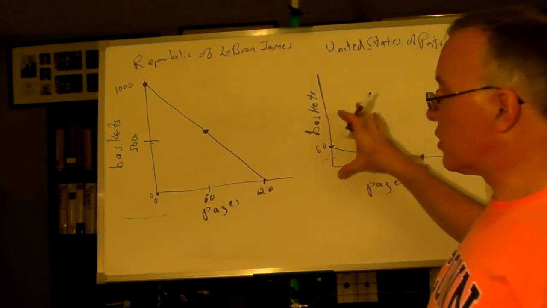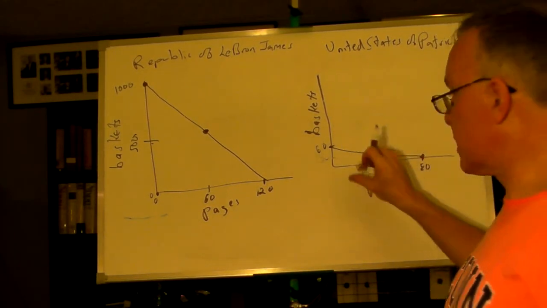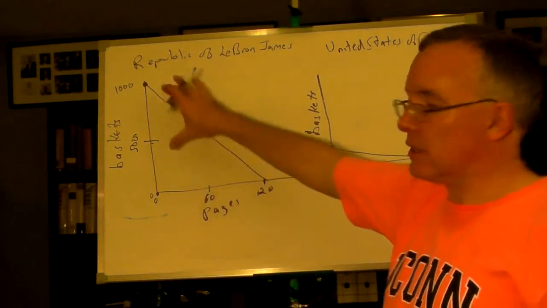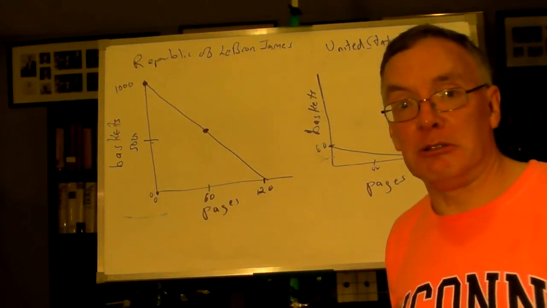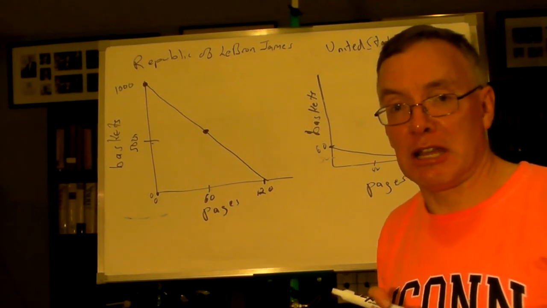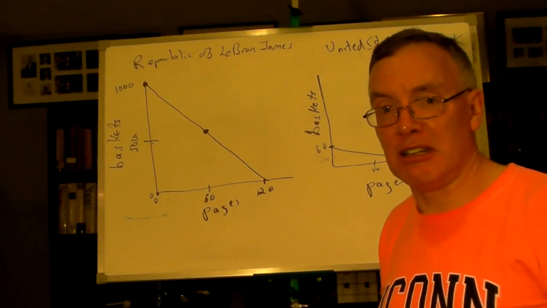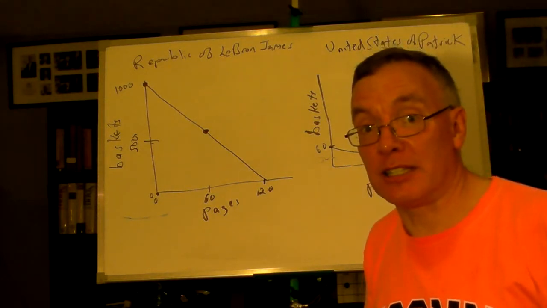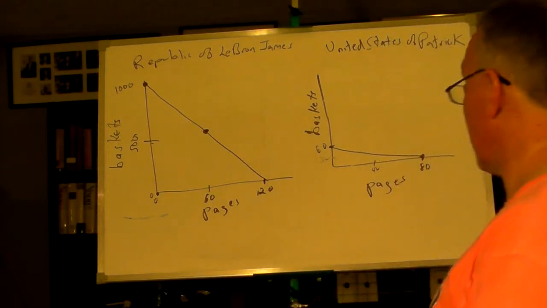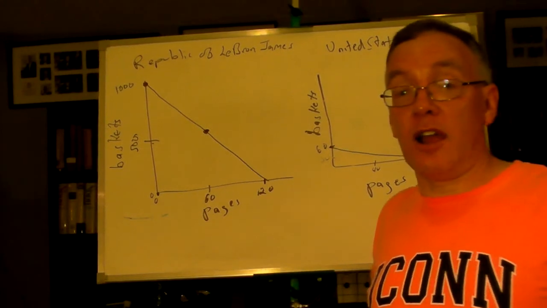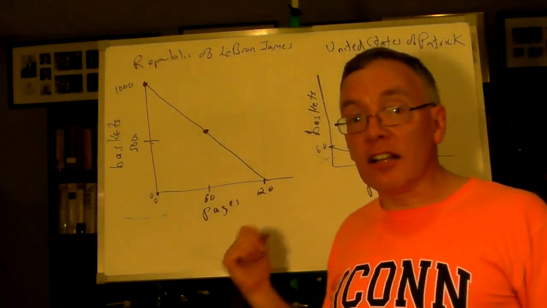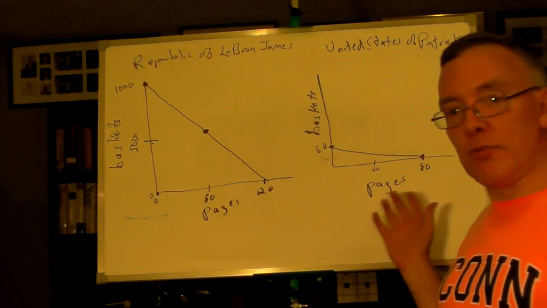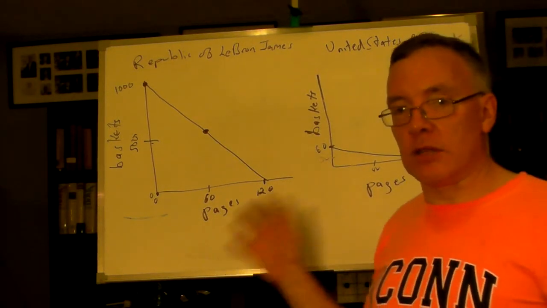And I realize these scales are a little different, but the reason the scales are different is because we have 1,000 over here, and we're assuming LeBron should be able to do more baskets than pages typed in an hour, but who knew how bad Patrick was at basketball? But at any rate, this is where we are now. Clearly, Patrick could benefit from trade with LeBron James.